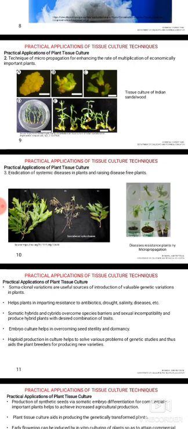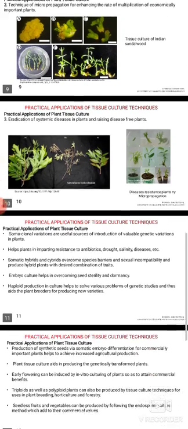It helps in imparting resistance to antibiotics, drought, salinity, diseases, etc. The somatic hybrids and hybrids overcome species barrier and sexual incompatibility and produce hybrid plants with desired combination of traits. The embryo culture helps in overcoming seed sterility and dormancy.